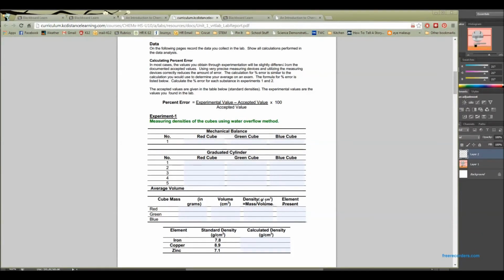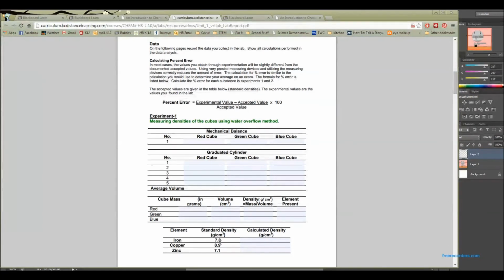So use your calculation, your formula right here, mass divided by volume, and then you're going to have a number right here. Well, what these numbers right here in the density column, you're going to look down here and see what cube corresponds with these densities. Now you should have numbers that are pretty close. If not, you have probably done something wrong in your calculations.